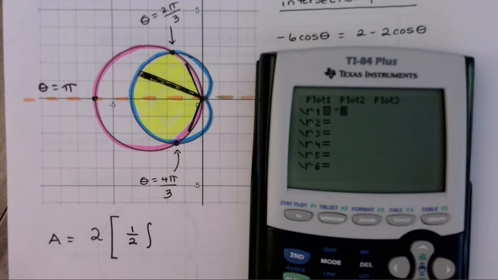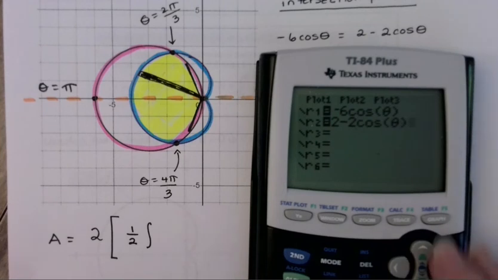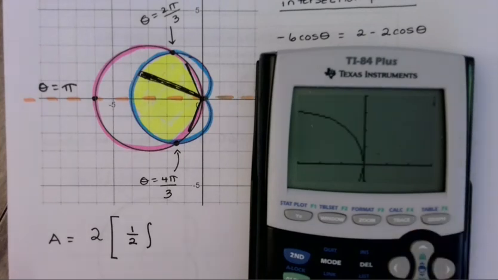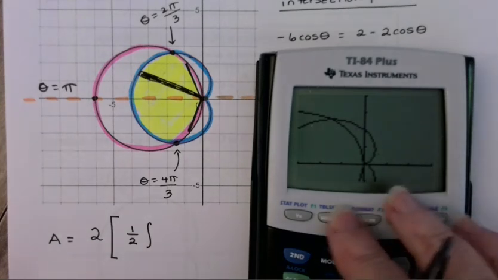It was -6 cosine theta, and then 2 minus 2 cos theta. And I probably don't have a big enough window in here. We'll fix that. Looks like if we did maybe a -8 to 8.